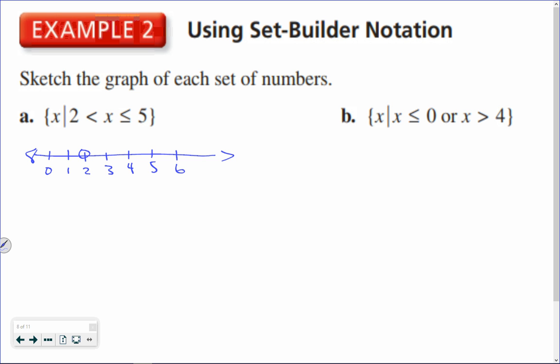Open dot on 2, close dot on 5, and then graph inside. Okay, and if you notice, the big giveaway is that the variable is in the middle of the two symbols, right? And both the symbols are pointing where? In the same direction, right? Okay, it's a big giveaway.